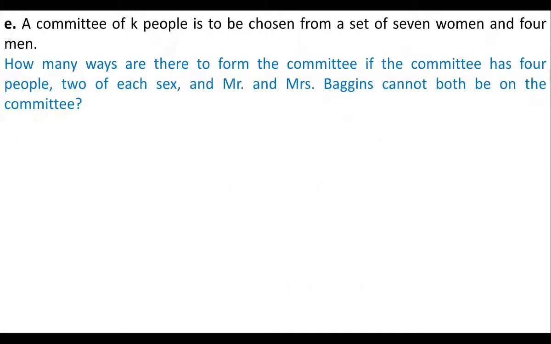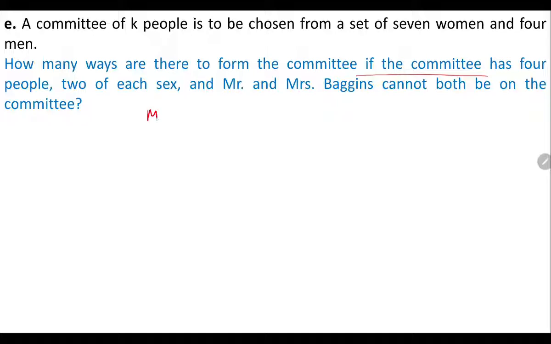The last, how many ways are there to form the committee? If committee has 4 people, 2 of each sex, and Mr. and Mrs. Baggin cannot both be there on the committee. So to address this problem, you need to see that how many different cases are there.